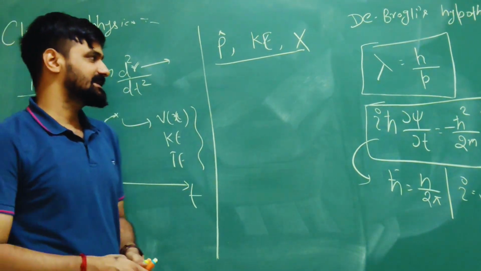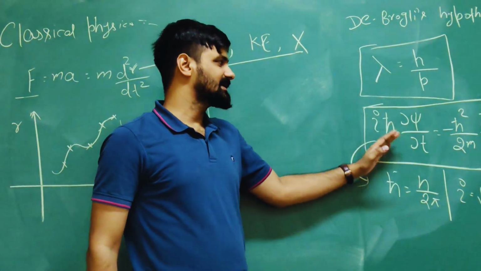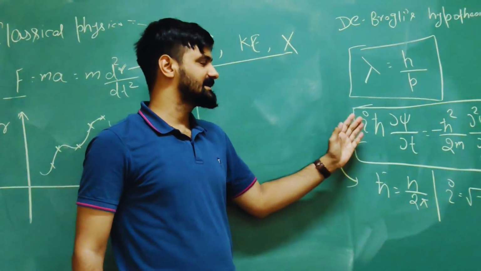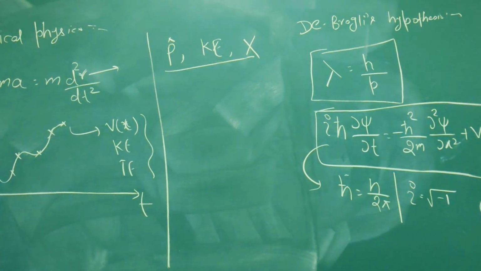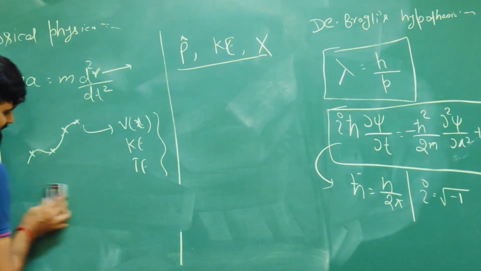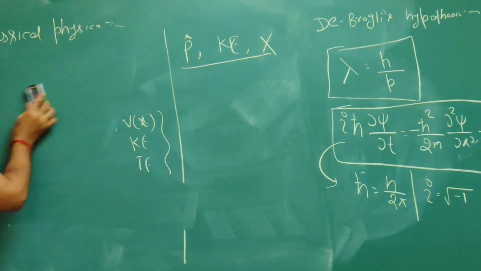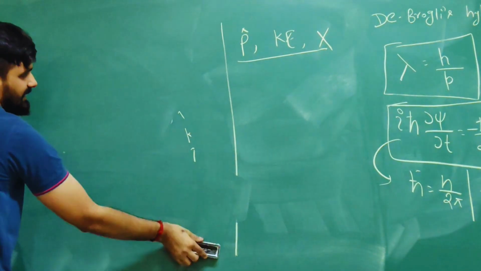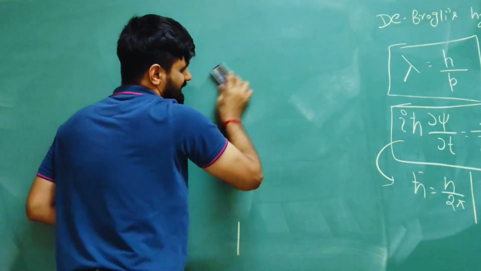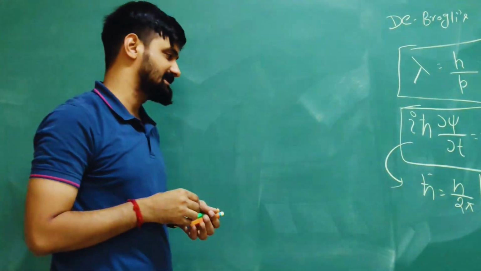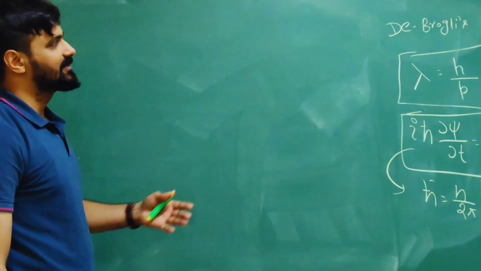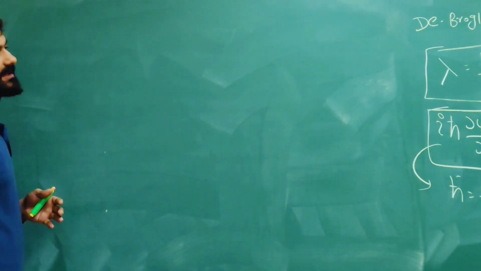So that's why we can say that this equation completely changed the world from classical deterministic physics to quantum probabilistic physics. In classical physics we calculate exact quantities, whereas in quantum mechanics it gives you the probability of finding a particle in a given region of space.